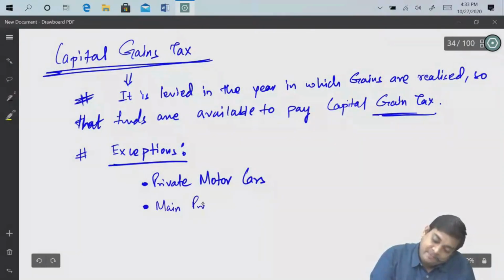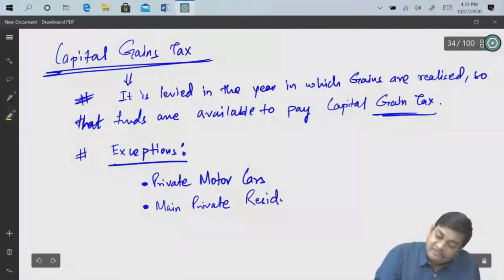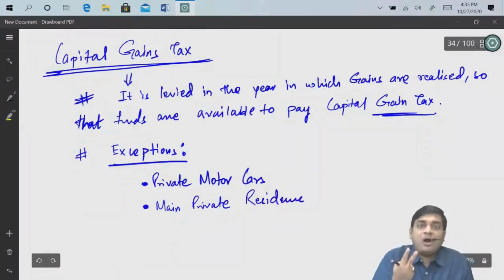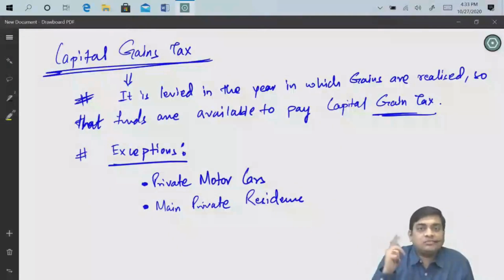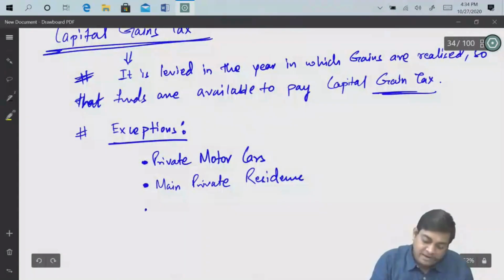Main private residence in which I am living. If I have two houses and I am selling the other one, on that I have to pay capital gain. If I have one house and I was living in that, and I am selling that, so no capital gain. So private motor cars, no capital gain. Main residence, no capital gain.